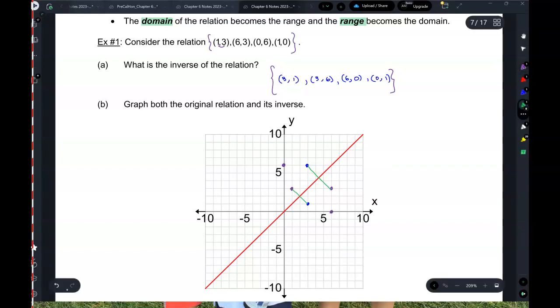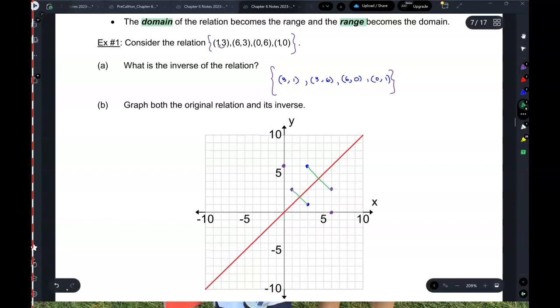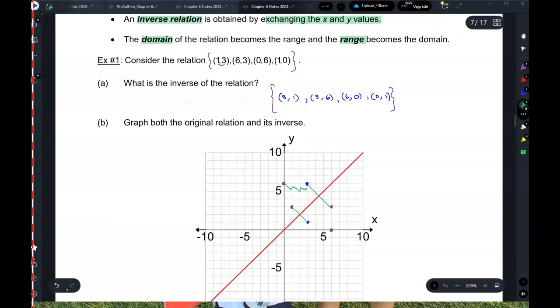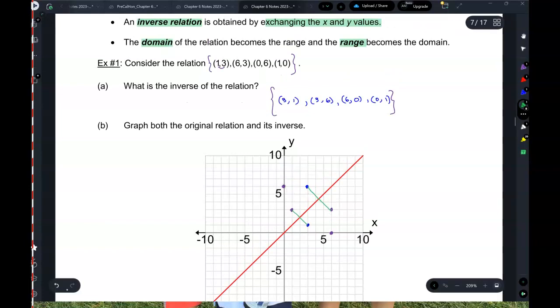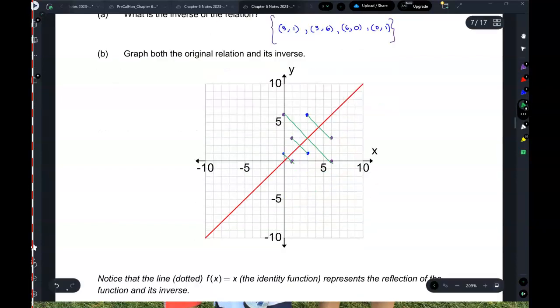Each pair of points is symmetric around that red line. You see that? Let's do the other one: (1, 0) and (0, 1). That too, right?